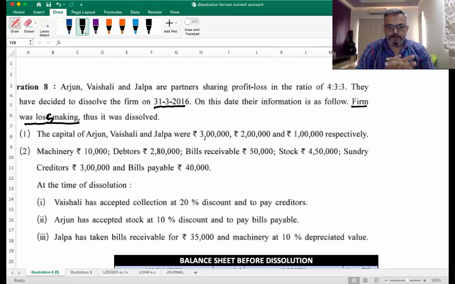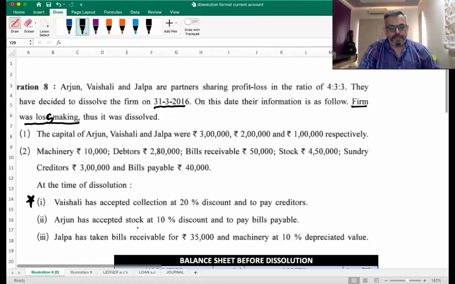Now at the time of dissolution, what happened? Vaishali has accepted collection at 20% discount and to pay creditors. So mark this as important.